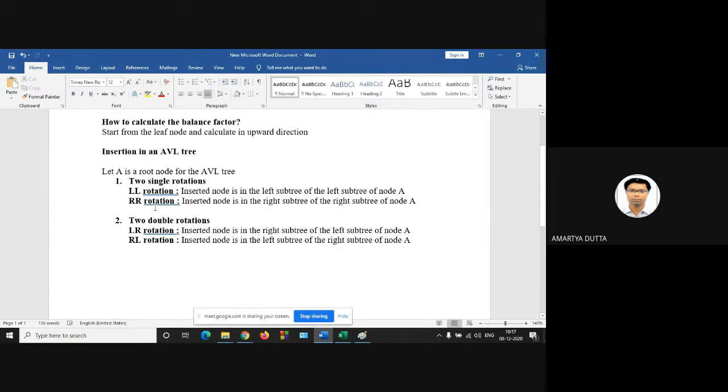So there are total four types of rotation. I will explain it with an example.